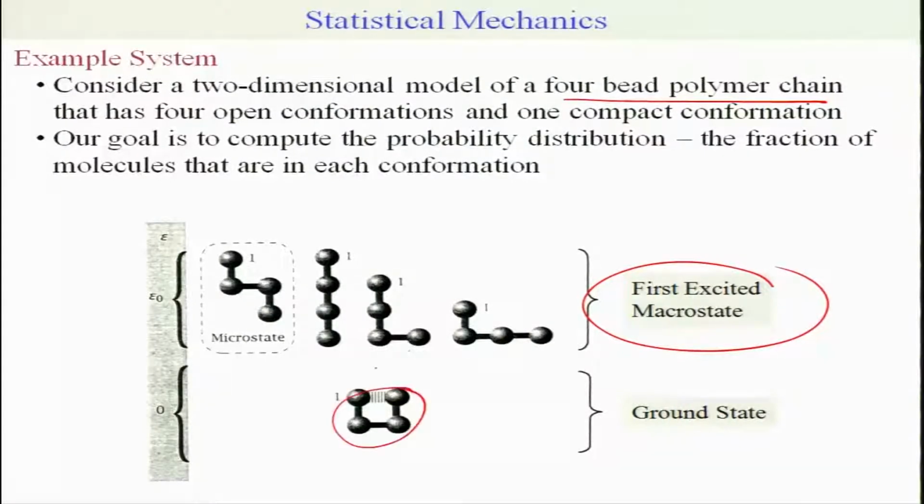Our goal is to compute the probability distribution of the 4-bead chain occupying these two conformations, that is, the fraction of the molecules that are in each conformation.